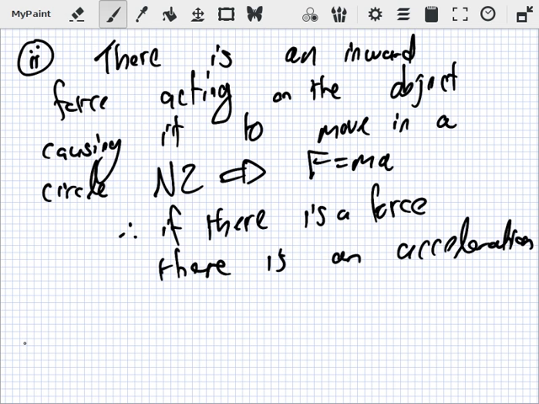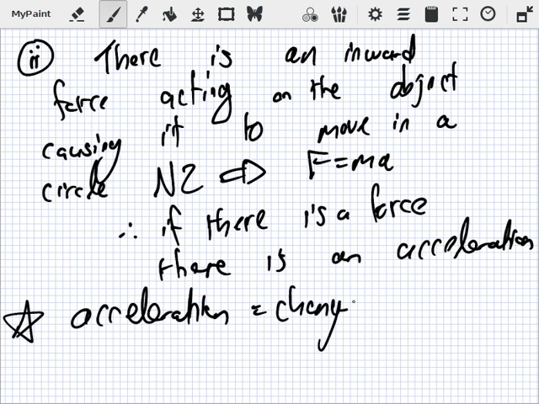Another explanation, which I prefer, is you could say that acceleration is the change in velocity per time. And what's velocity?